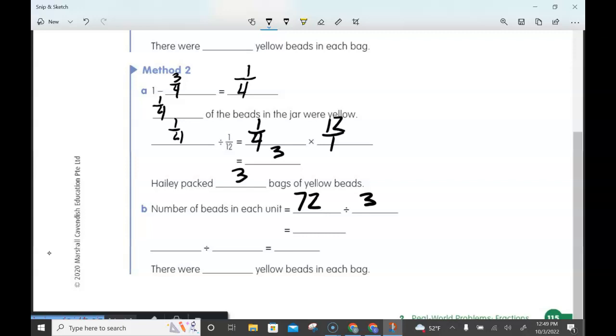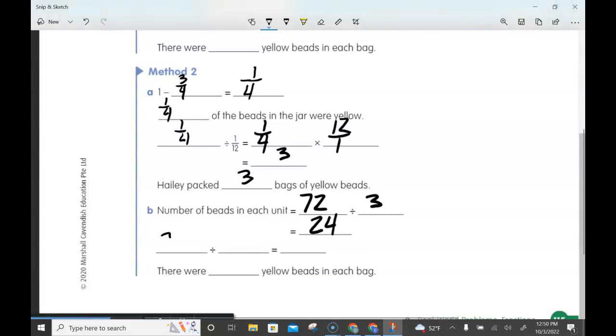That's going to give us 24. So now we take that 24, the number of beads in each unit, and divide it by 3. Haley packed 3 bags of yellow beads, so we divide by 3, and that's going to be 8. So we can see that there were 8 yellow beads in each bag.